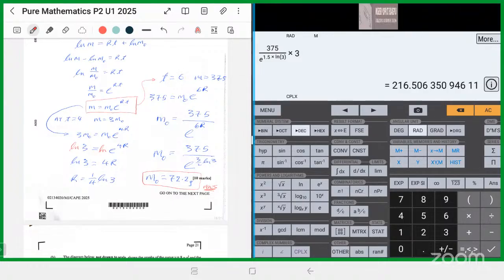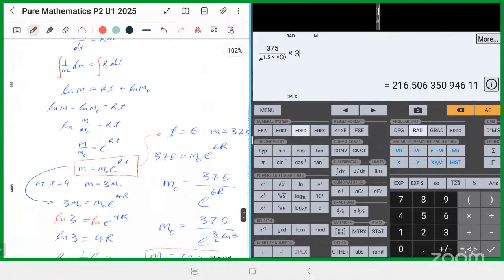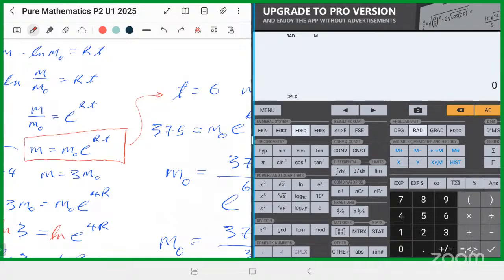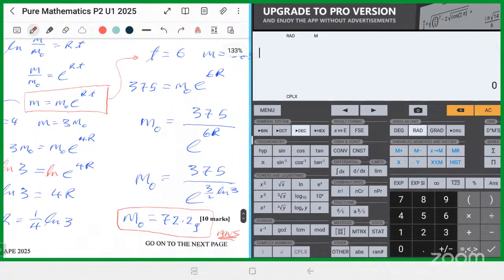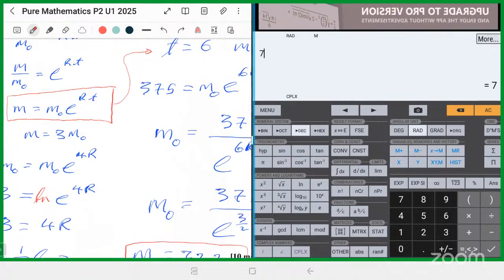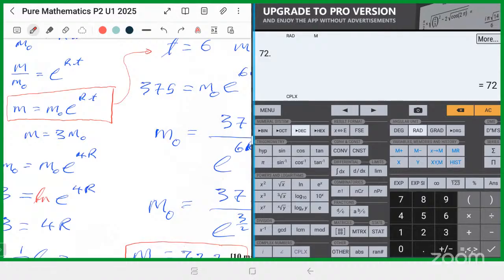So we plug in t equals 4, and we should get 3 times the starting mass. Let's try it. I'm using this 72.2 as my starting mass, tripled.